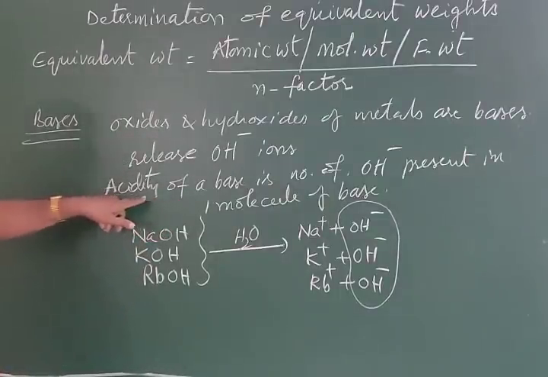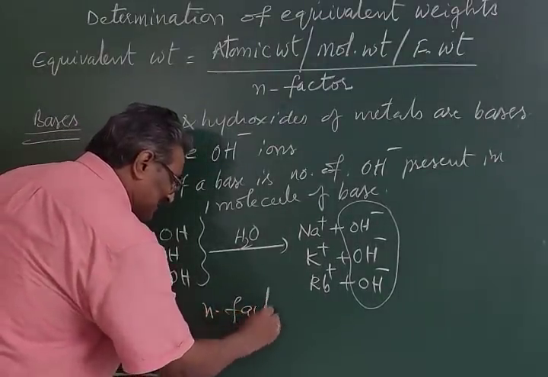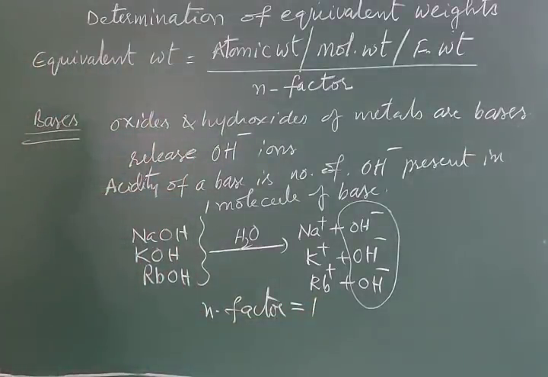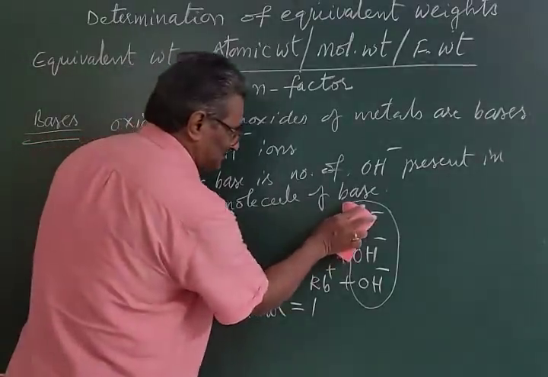So their acidity is 1. So n factor is equal to 1 for monoacidic bases like sodium hydroxide, potassium hydroxide, rubidium hydroxide, lithium hydroxide, etc.